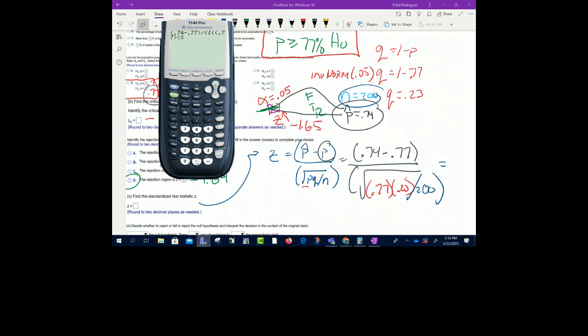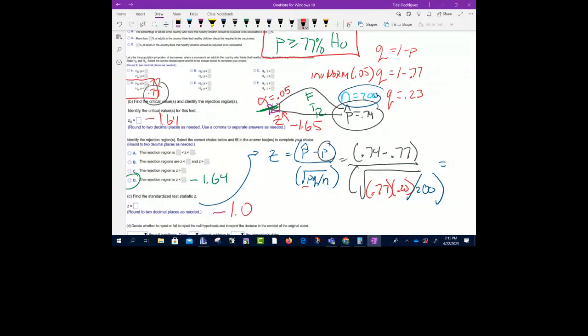In parentheses again, 0.23, close them off, divided by 200, okay? Now, I'm going to back out once, and I'm going to close my parentheses because it opened it up right in there, okay? And I'm going to hit enter. And y'all, if I go to 2 decimal places on my calculator, I'd come up with a negative 1.01, okay?